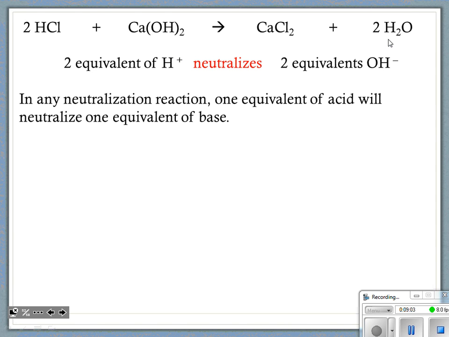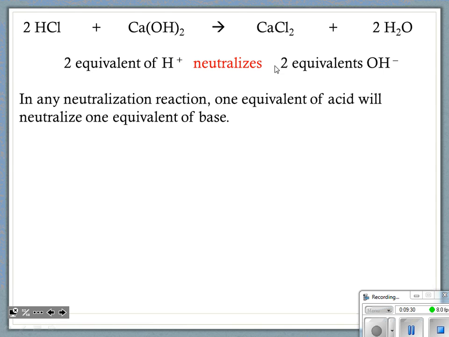Now, if you look at it in terms of equivalents, how many equivalents are here? 1, but I have 2 of them. So that's 2 total hydrogen ion equivalents. I only have 1 calcium hydroxide, but each one has how many hydroxides? 2.